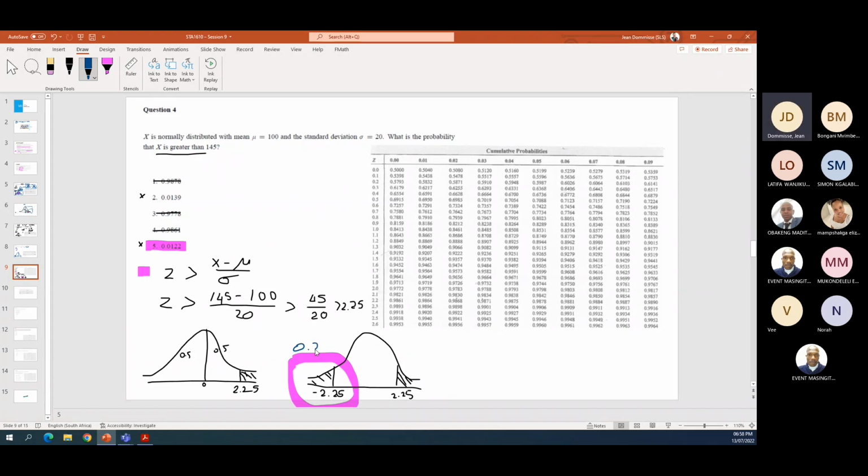But what we can also do is say, okay, I need to get that small area.